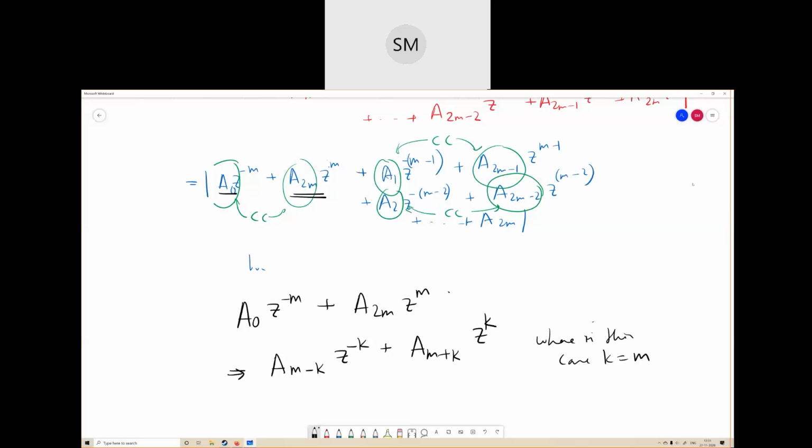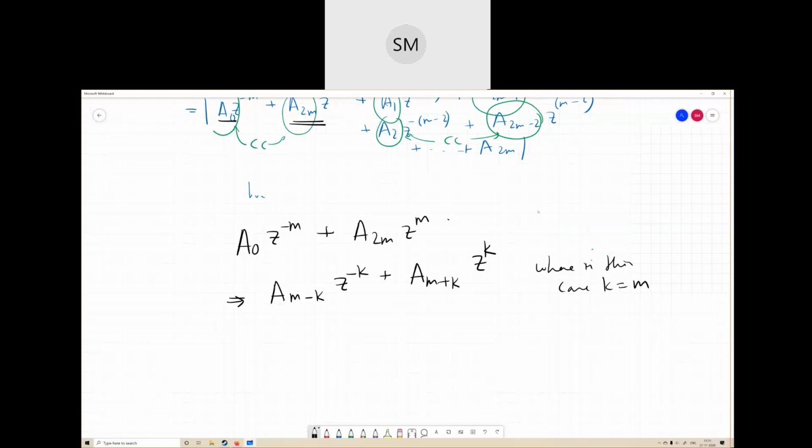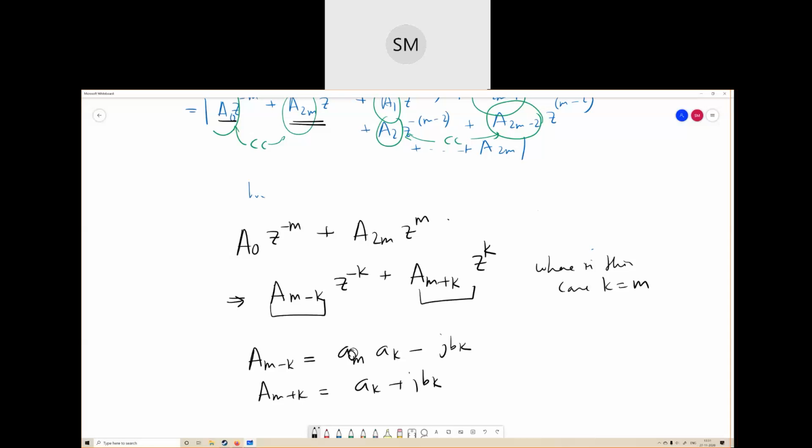Now what we need to do? Since they are complex conjugates, we can write a of m minus k as a k minus j b k, and a of m plus k as a k plus j b k. We can write this because we have assumed that they are complex conjugates, okay.